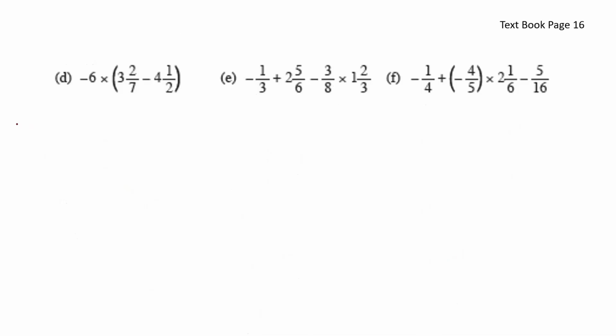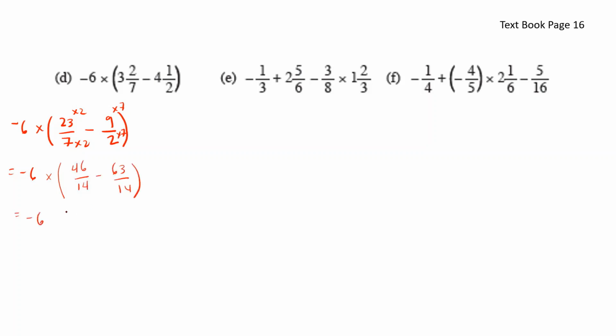Next, for D, negative 6 times 3 times 7 is 21, plus 2 is 23. So 23/7 minus 9/2. So first let's make the denominator the same. Gives us negative 6 times 46/14 minus 63/14.